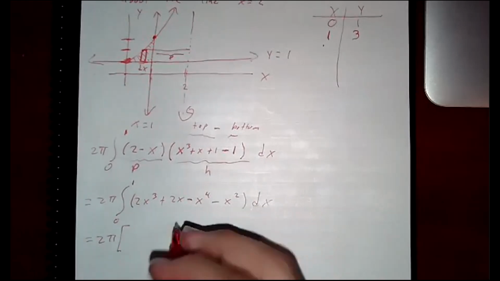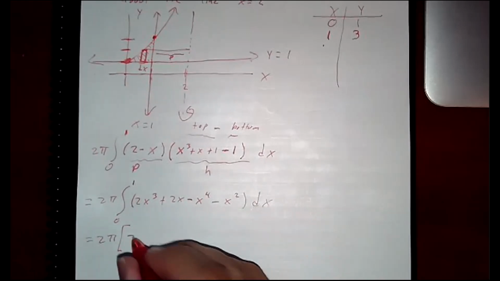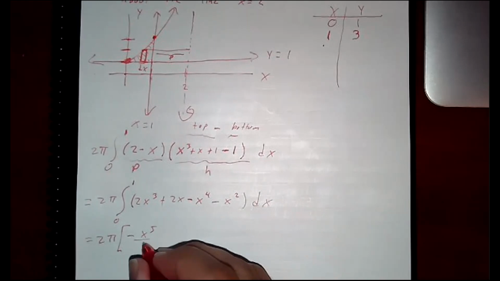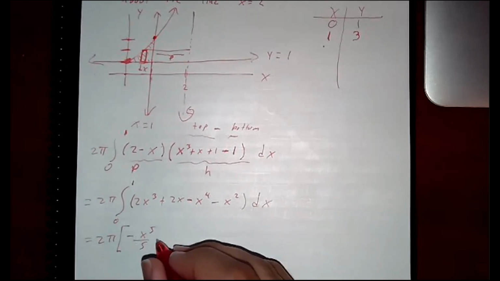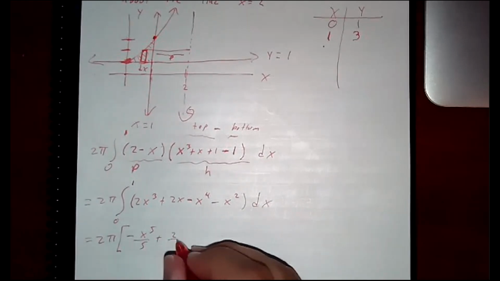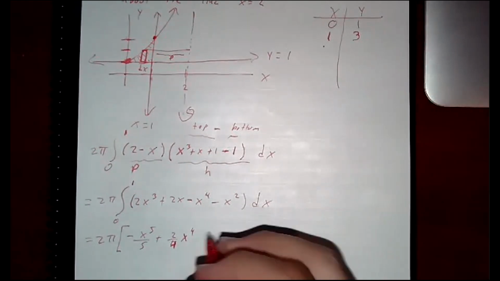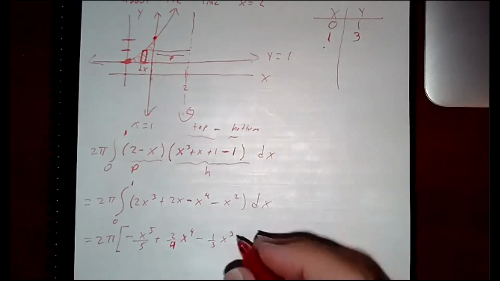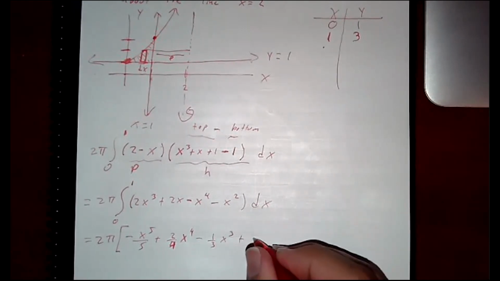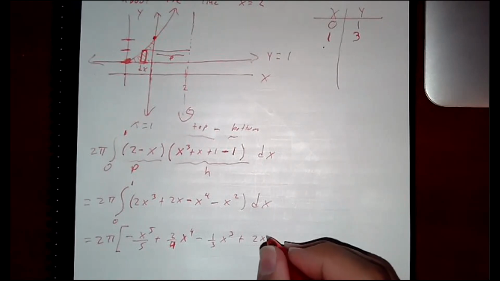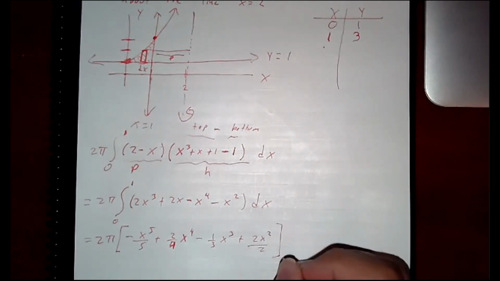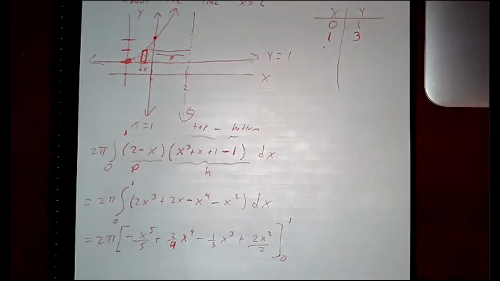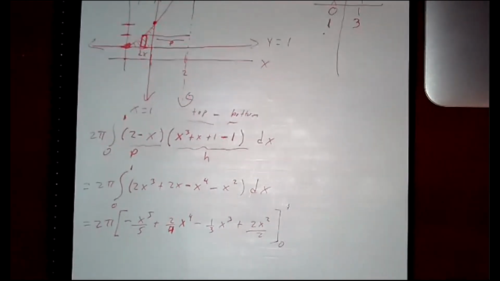You would get negative x^5 over 5 plus 2/3, actually 2/4, x to the 4 minus 1/3 x cubed plus 2x squared over 2, from 0 to 1.